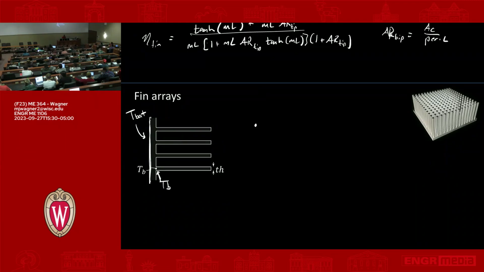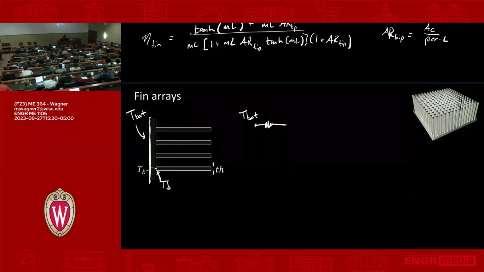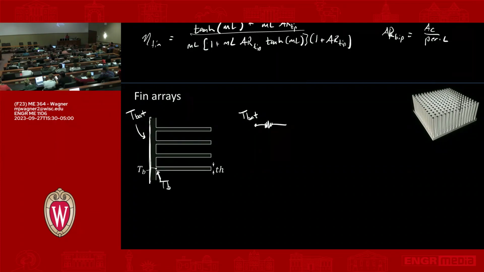So if I drew a network, say T battery here, I'm going to have some resistance between T battery and TB. Those are different things. In a homework problem, that might be multiple resistances. In this case, we just have a conduction resistance here. So this here is TB, the temperature at the base of the fin.